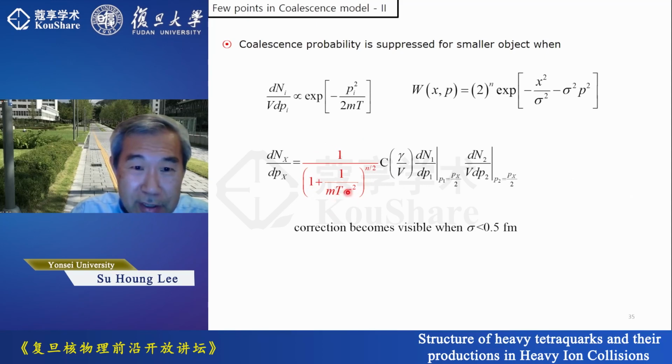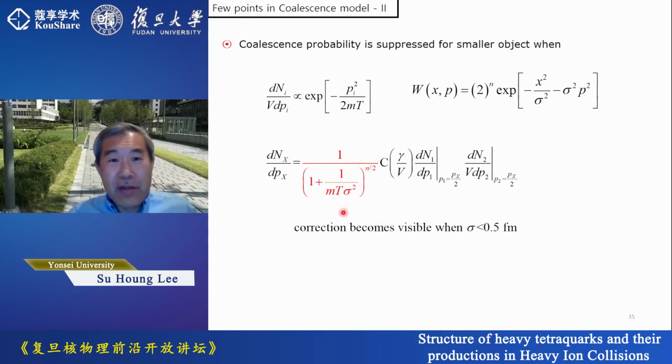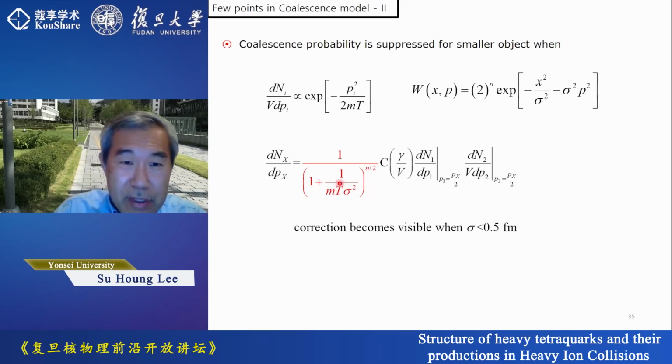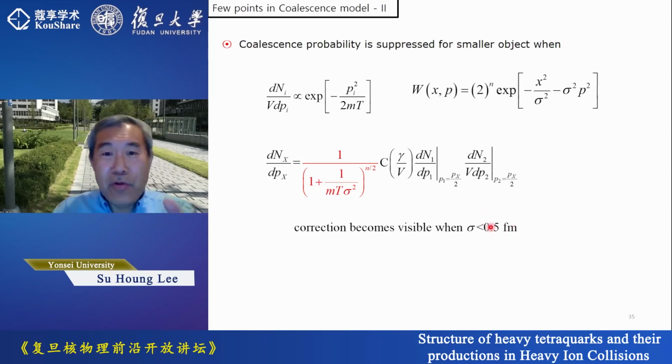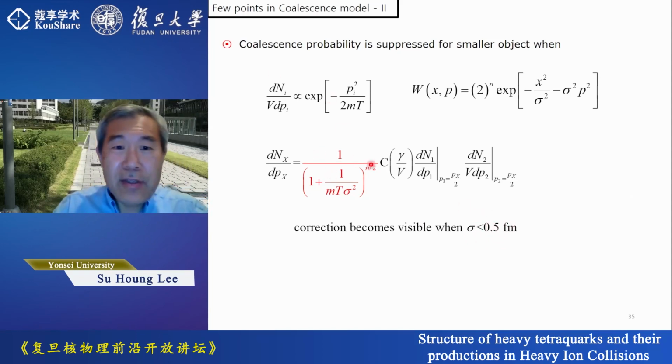As you can see, for T and m fixed, if sigma becomes very small, then this becomes very large, so there is a significant factor. This becomes visible when the temperature T is 150 MeV and the mass is 2 GeV. As long as the compact size is very small, then this kind of factor gives you a very large effect.